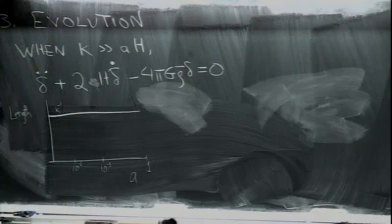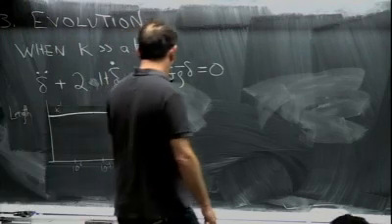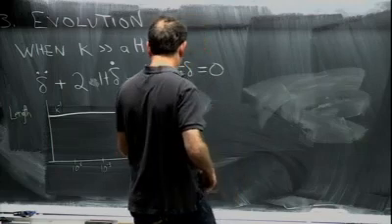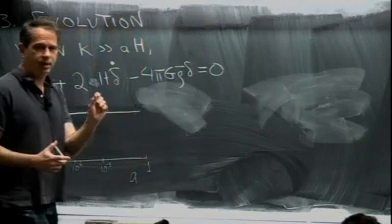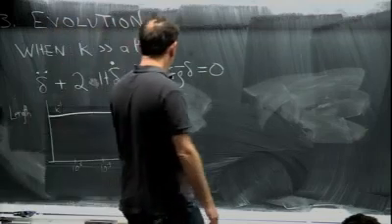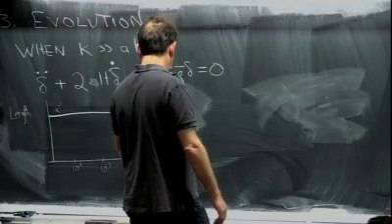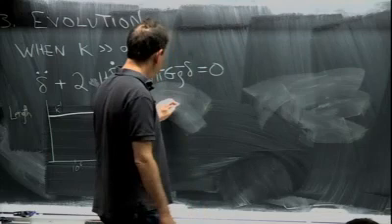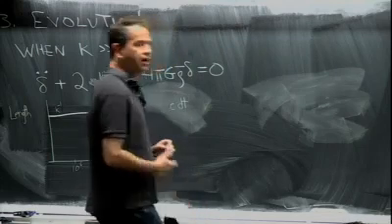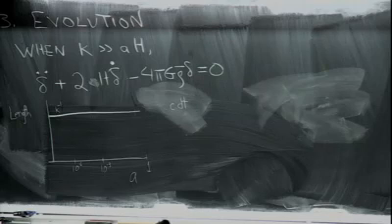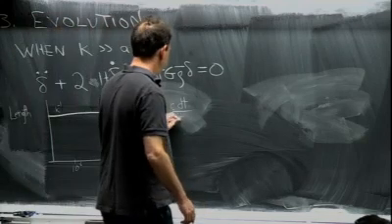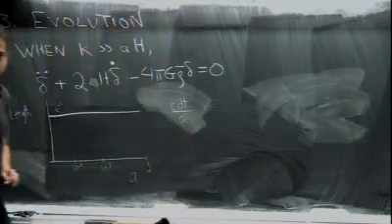So imagine you have k inverse looking like this, right? And then ask yourself the following question: what is the distance that light can travel in a finite time dt? Well, it can travel a distance c times dt. That's the physical distance. We're dealing with co-moving distances, so if we want to put it on this plot, we have to divide by the scale factor, right?